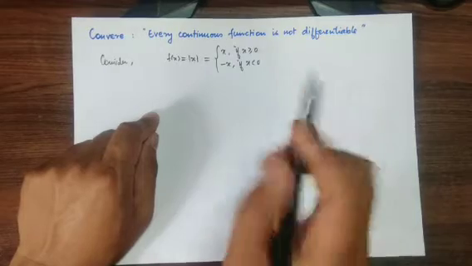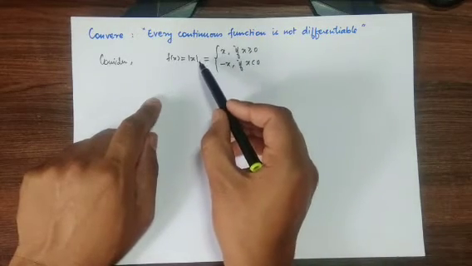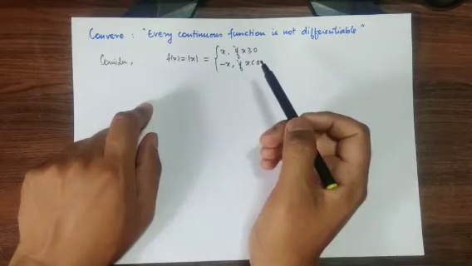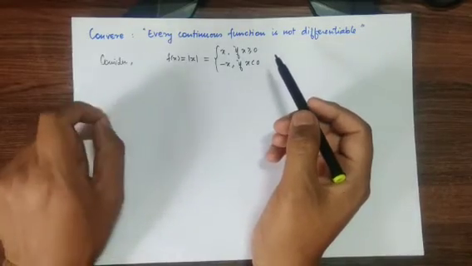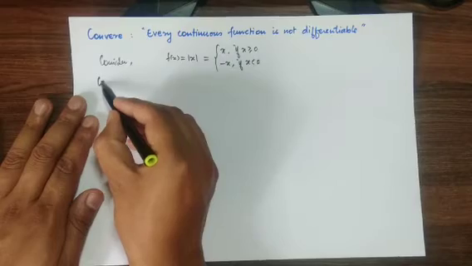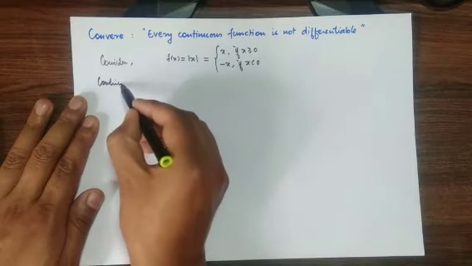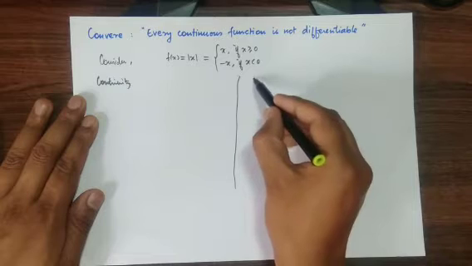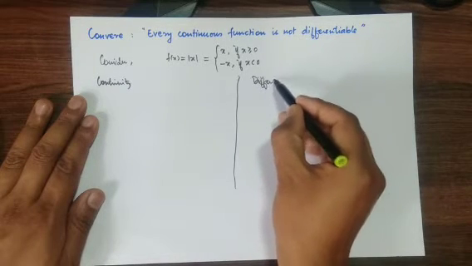Now from the continuity chapter we already know that mod x is a continuous function. If you are not aware of that, then we'll have a look at it once again. So we will check continuity on one side, and differentiability on the other side.